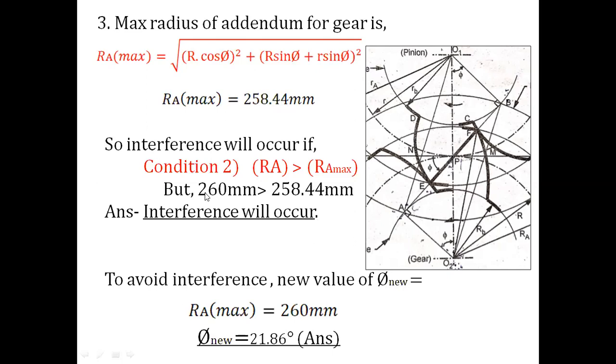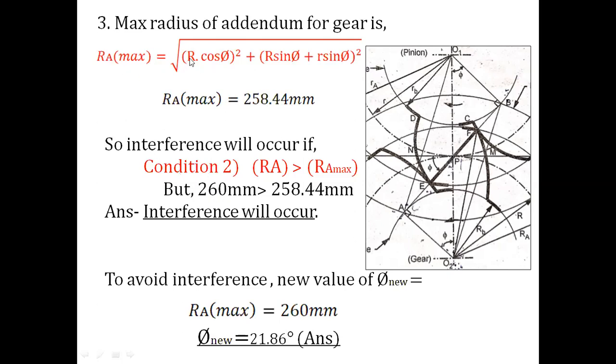So I am taking 260, the addendum circle radius of the gear, as RA max, and checking whether interference will not occur under that condition.